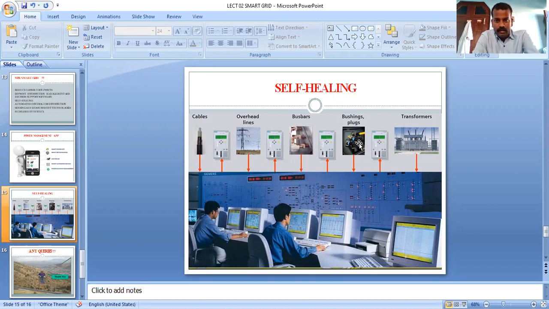And this is about the bushing plugs which exist directly in the transformer. This sensor denotes the condition of the transformer. This is the control center, where there is artificial intelligence in the computer which takes information from the load, analyzes it, and takes action corresponding to the situation.